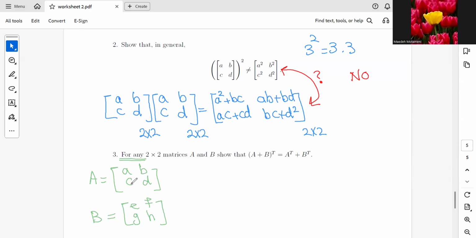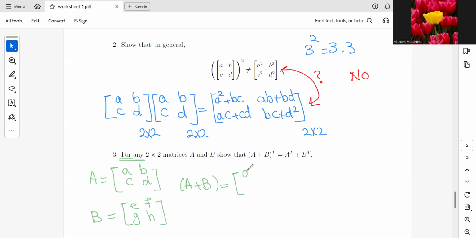You cannot specify the numbers. We should prove it in general. So now, according to the information that we have, we can find A plus B because both of them are of the size 2 by 2.